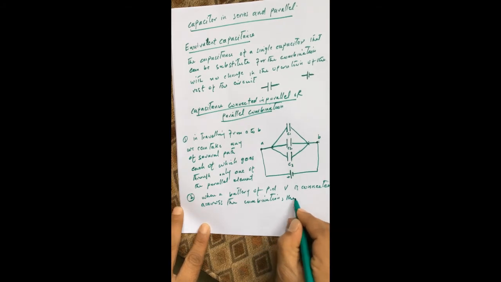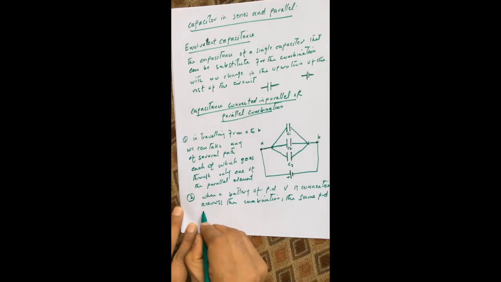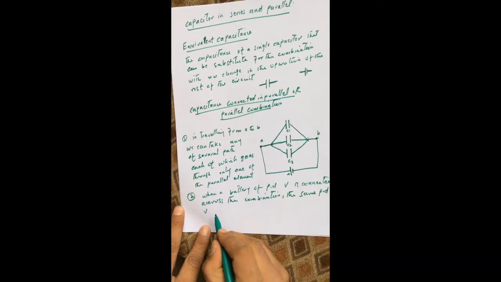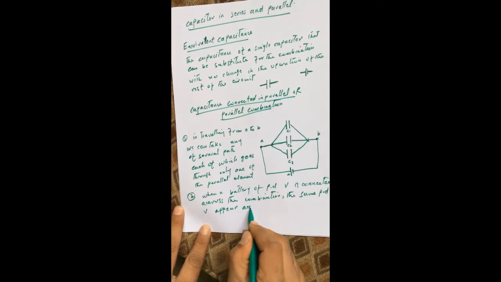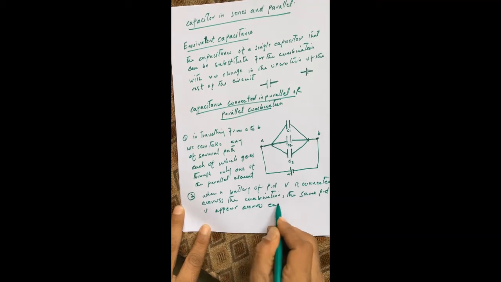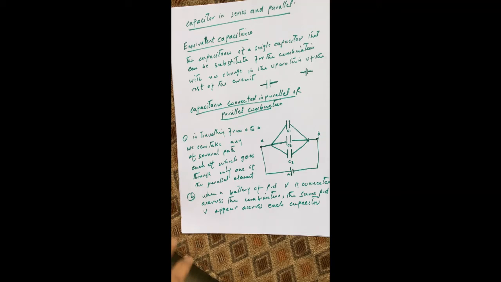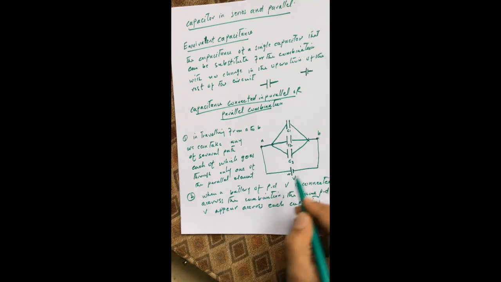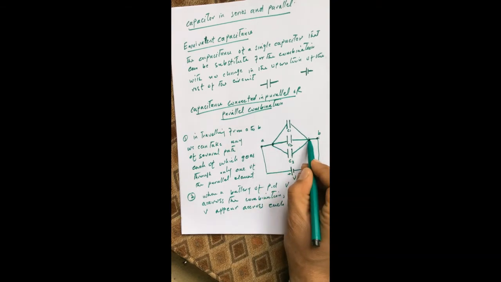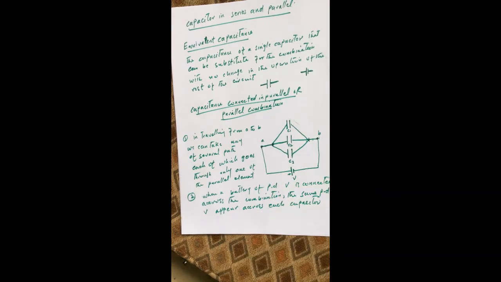The same potential difference V appears across each capacitor. Like here we apply a potential difference V, so the same potential appears across this capacitor, across this capacitor, and across this capacitor.